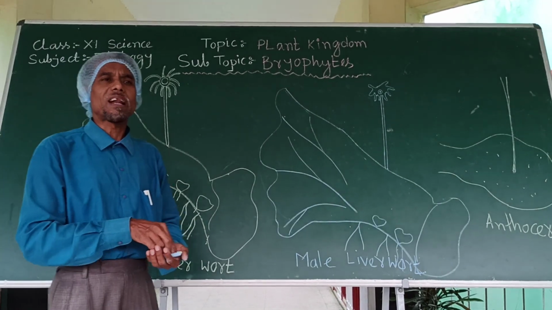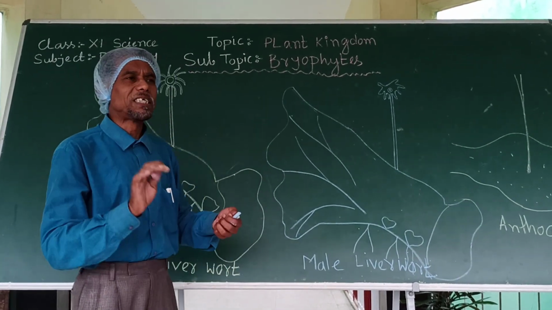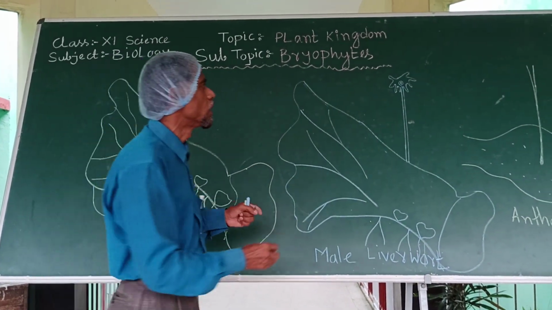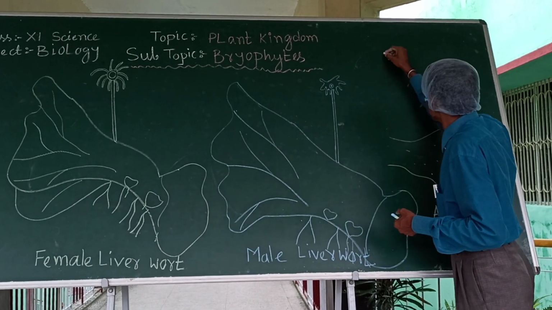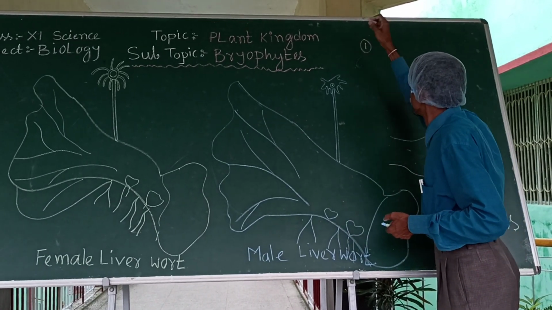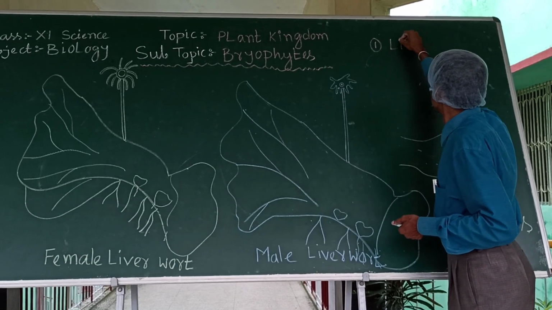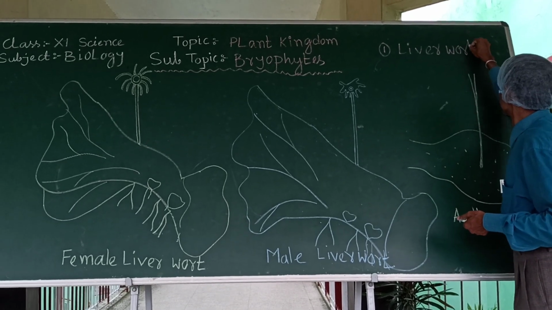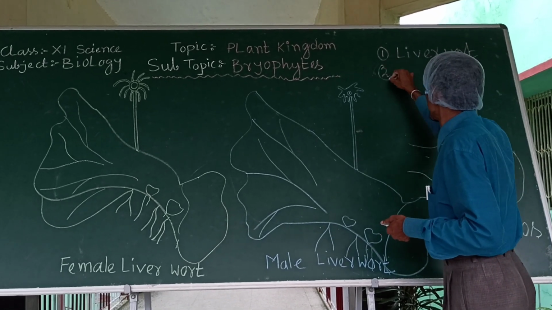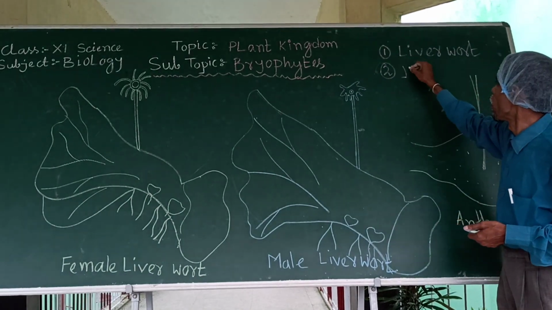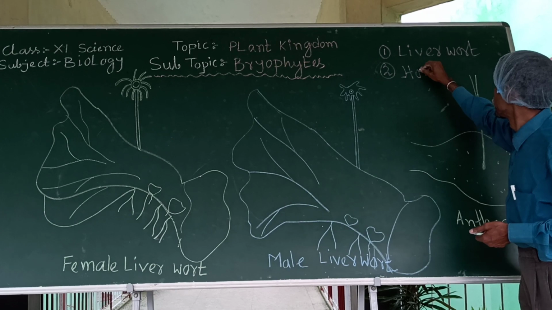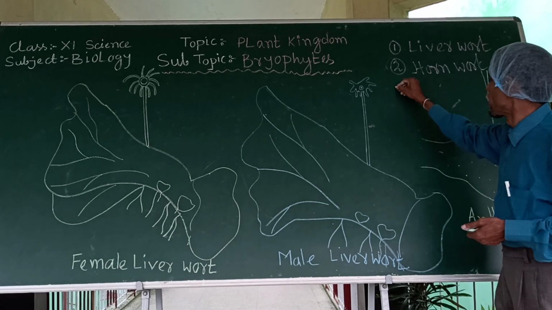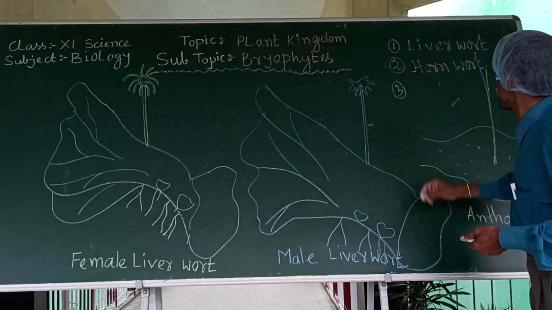So, let us have a classification of bryophyte. Basically, bryophyte members are divided into three divisions. Number 1, liverwort, number 2, hornwort, and number 3, mosses.